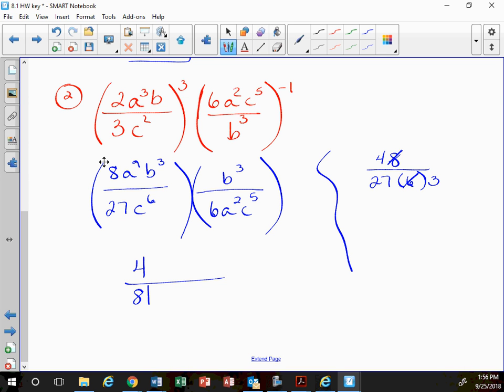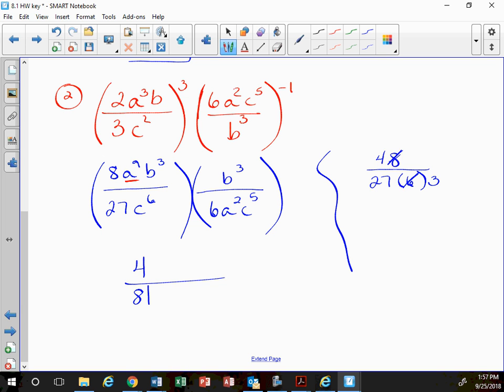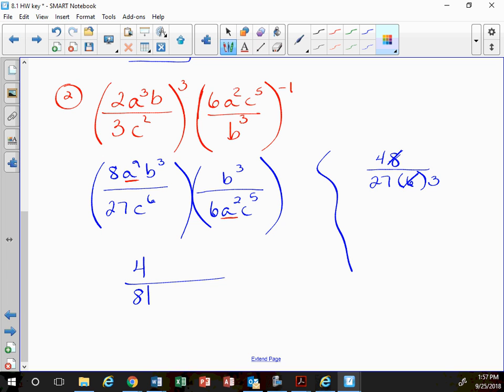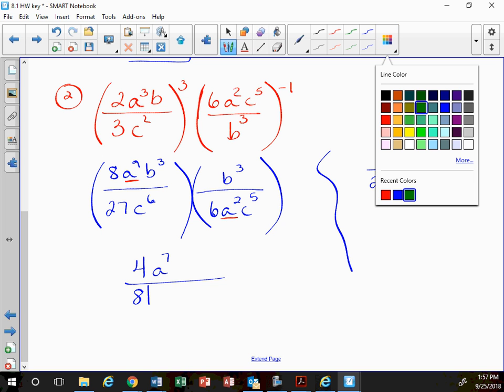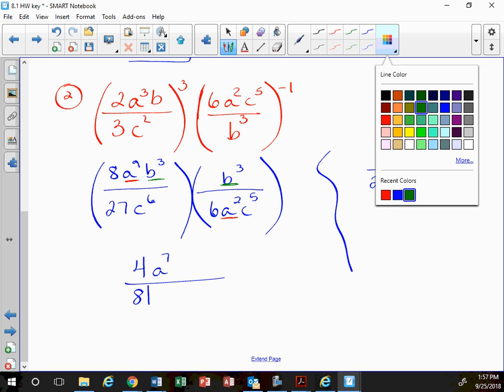All right, then you can work on your variables. So if I look at the a's, I have a to the 9th up here, and I have a to the 2nd down here. So how many a's do I have left, and where are they? a to the 7th. b: I've got a b cubed and another b cubed in my numerator. So what is that?